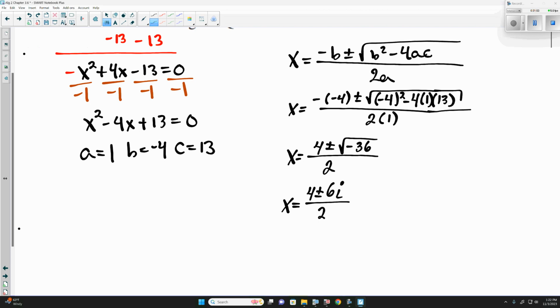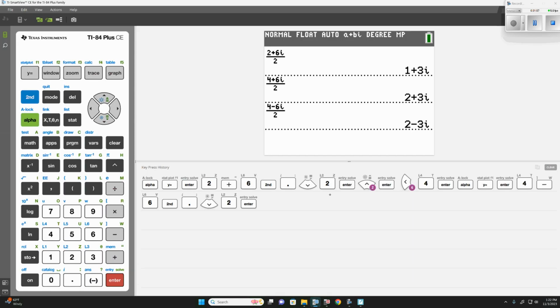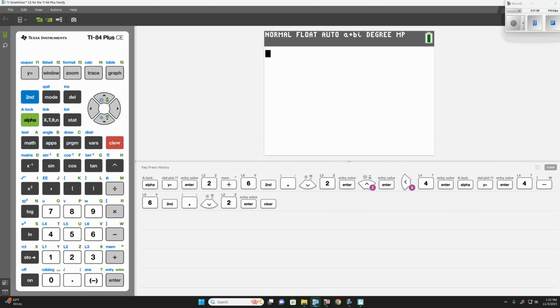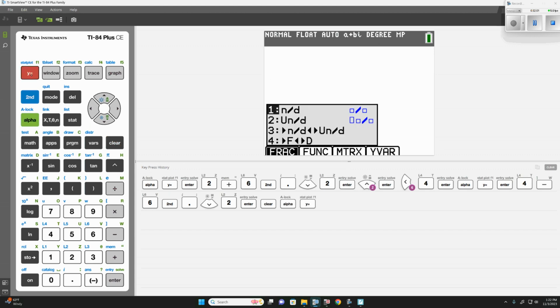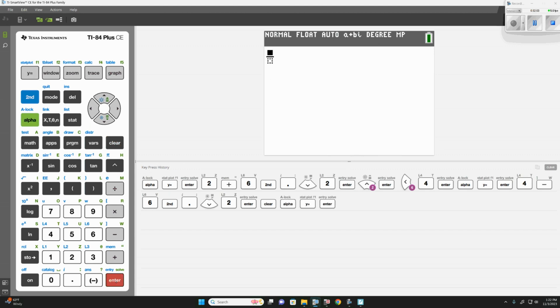Questions on this here? Now, the graphing calculator can be handy like the other ones were with simplifying. Clear that out. Because we can go alpha y equals enter. Because we had 4 plus 6i all over 2, yes? Now you can see, you can let the calculator simplify it for me.